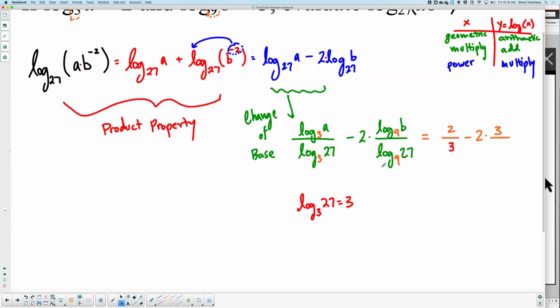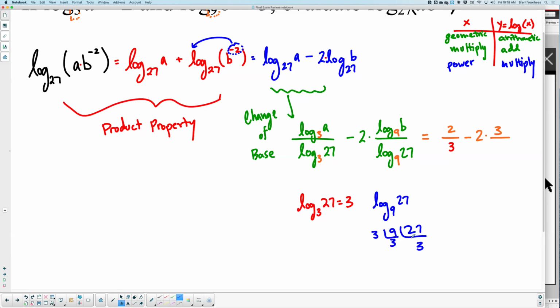This one isn't going to be quite as easy to calculate. I'm going to do an upside down division for this. Since 9 does not go into 27 in an even number of powers, I'm going to do upside down division. 9 goes into 27 how many times? 3. But the problem is those aren't the same number, so you have to break this down. 3 goes into 9 how many times?